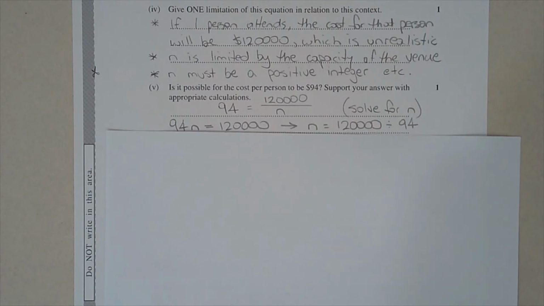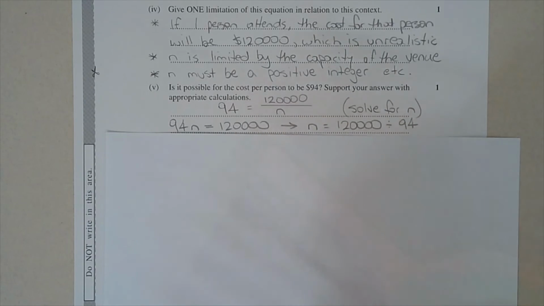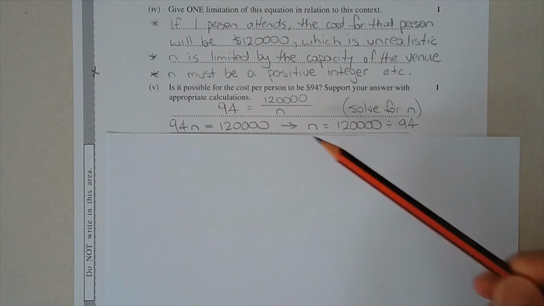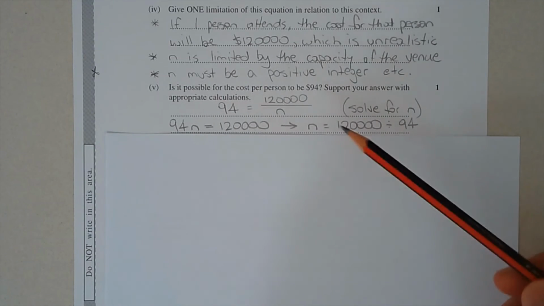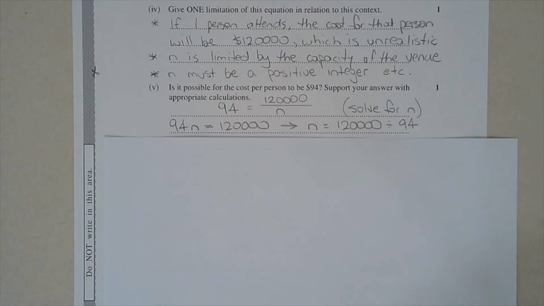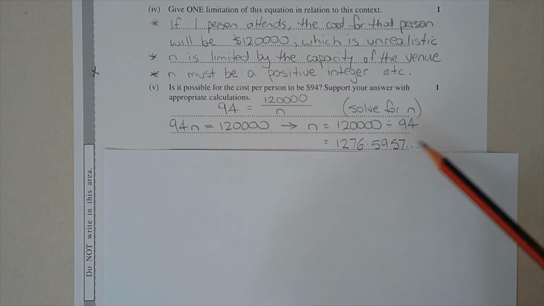Solving for N, if you multiply both sides of the equation by N, we have 94N equals 120,000. And dividing both sides by 94, to make N the subject of the formula, N equals 120,000 divided by 94. And we get N equals 1,276.5957 and so on.